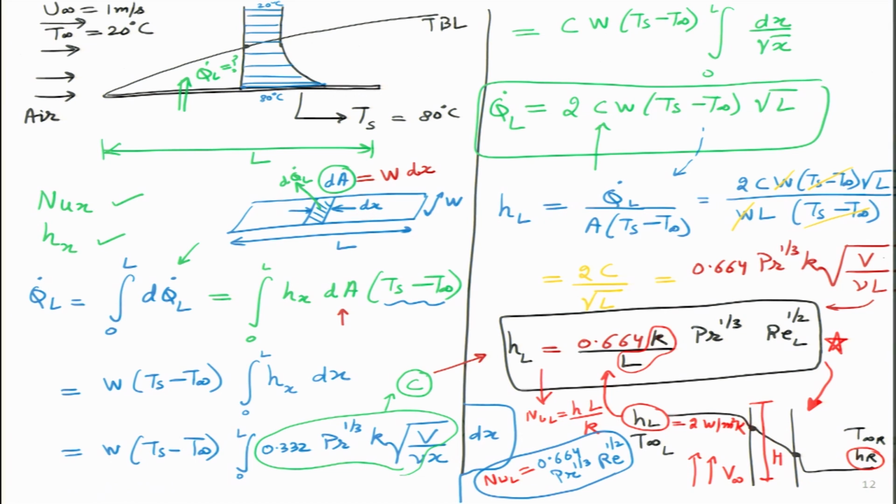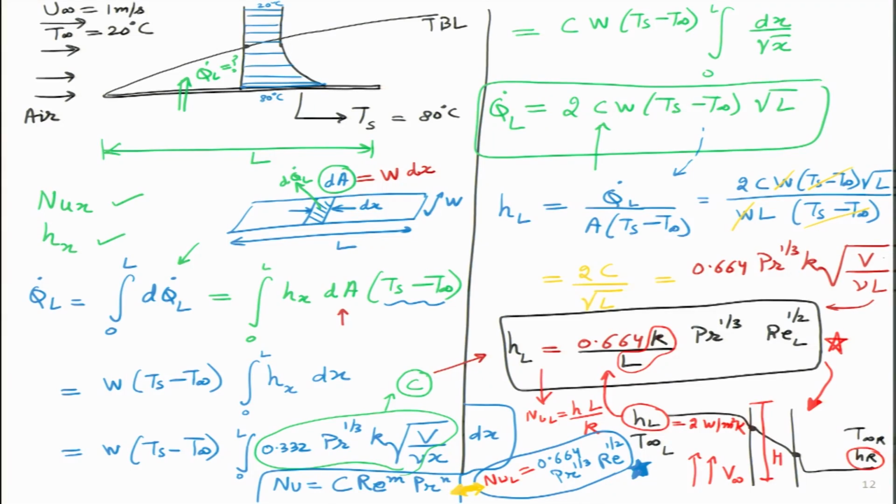Another interesting thing I can see in this particular blue equation here, I am putting a blue star. What does this equation remind us of? So, maybe I will write here. If the students remember, there was one general equation I had written earlier. Nusselt is simply a constant multiplied by Reynolds to the power m and Prandtl to the power n. I think many of the students will remember, 2 lectures back or 1 lecture back, I had written that analogy, which means all the convection correlations for forced convection will turn out to be simply a constant multiplied by Prandtl number to some power multiplied by Reynolds number to some power.